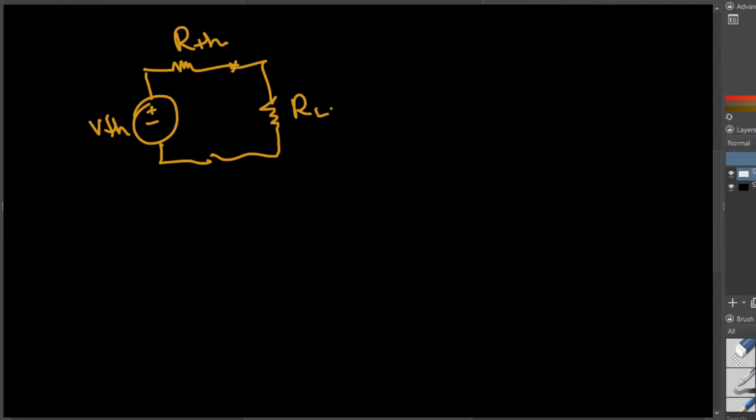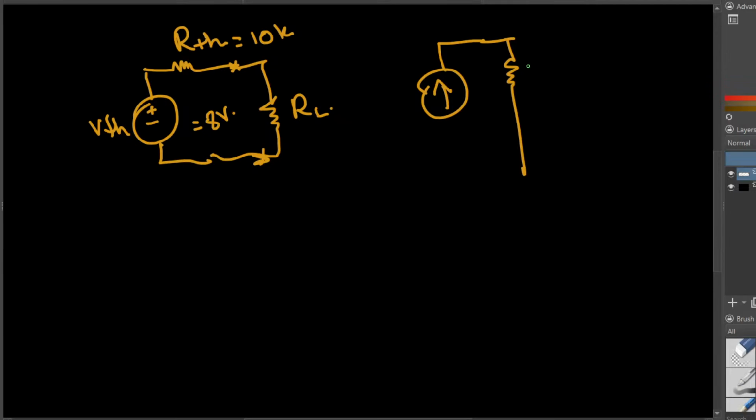If I do the source transformation for the Thevenin circuit, that's going to be the Norton equivalent circuit. In the Norton equivalent, we are going to have the current and the resistance in parallel, and RThevenin is equal to R Norton. Let's put the values. We found out this 10k, and VThevenin is 8 voltage, and R Norton is also going to be 10k ohm.